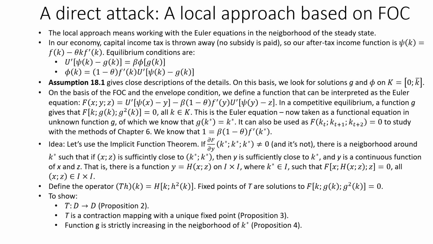Of course, we can interpret the Euler equation as a difference equation, which we can study with the methods of chapter 6. And moreover, we can use this Euler equation to find the steady state capital stock, K asterisk. So it's easy to find the steady state capital stock with the methods of chapter 6.